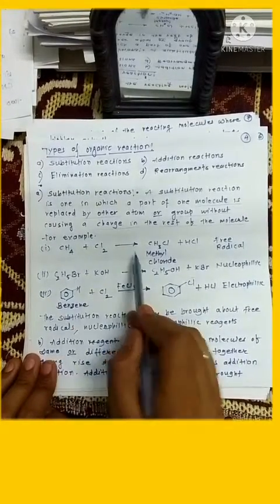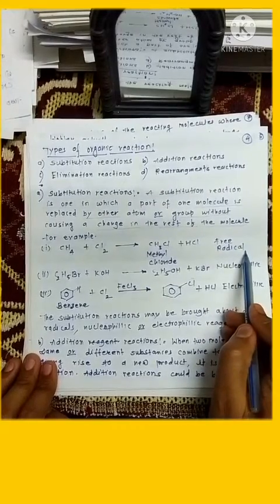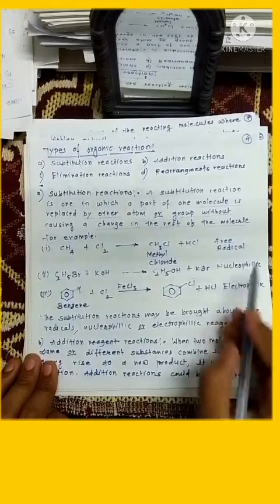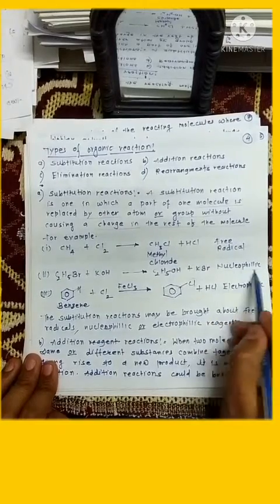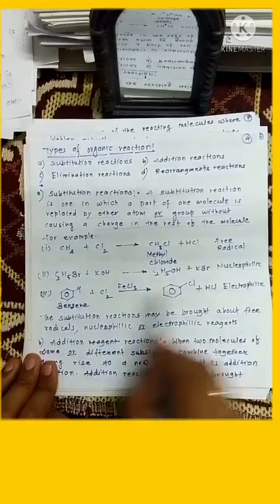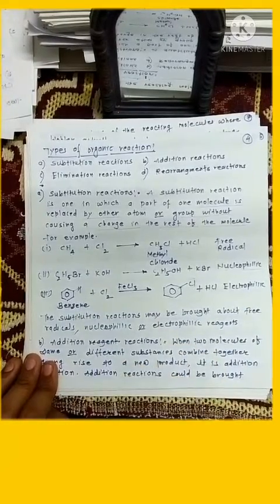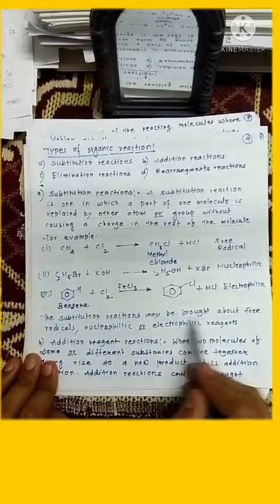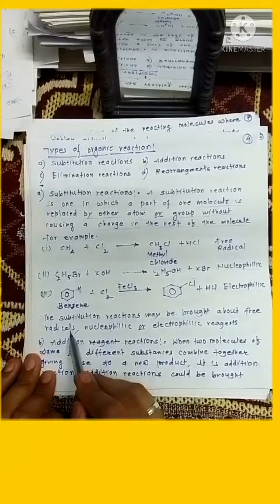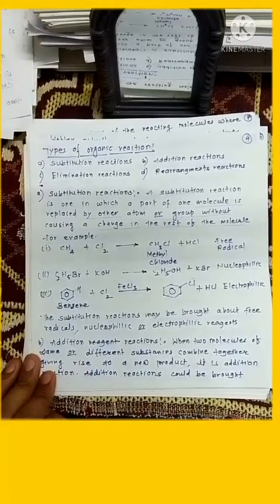In the first reaction, the mechanism is of free radical type. In the second reaction, it is a nucleophilic substitution reaction. The third reaction is an electrophilic substitution reaction. The substitution reaction may be brought about by free radical, nucleophilic or electrophilic reagent.